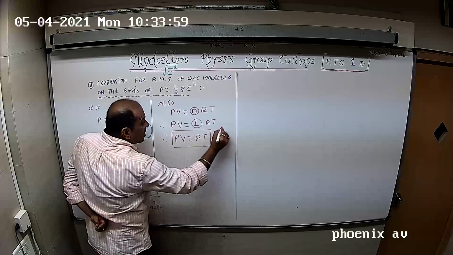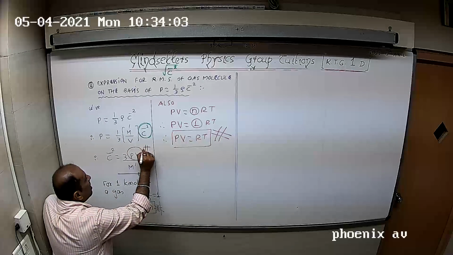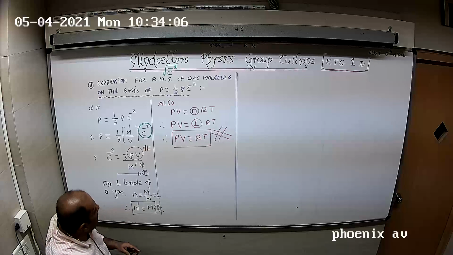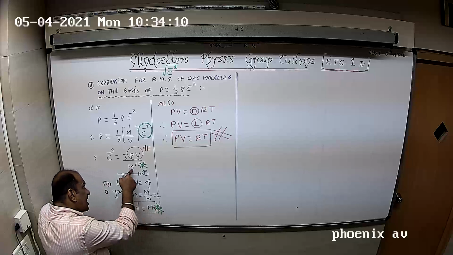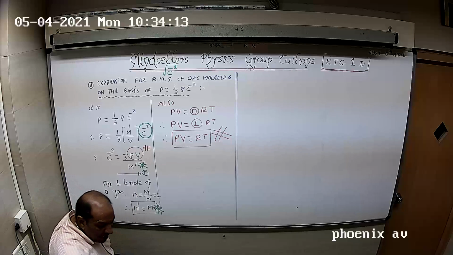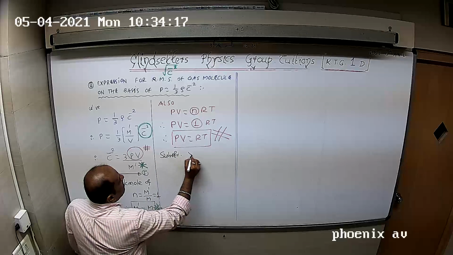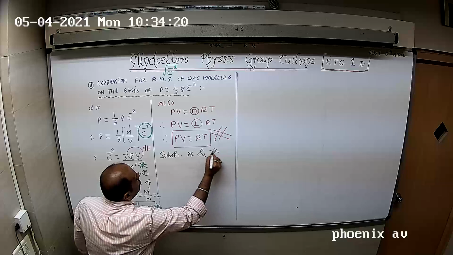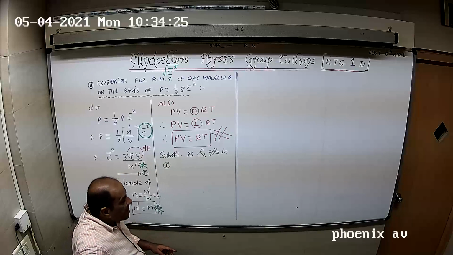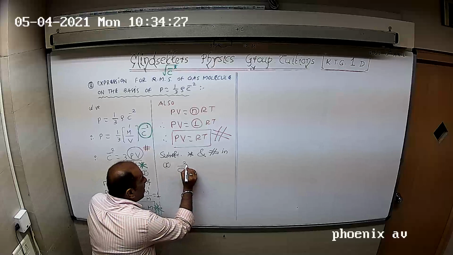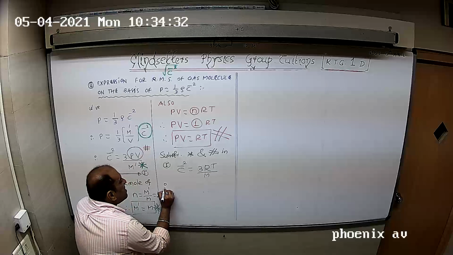So I call this hash, which I will place here, and this one I had marked as star, which I will place here. Okay, so can I say, substituting star and hash in equation 1, I get C bar square is 3RT upon M, and then I get a very simple relation.